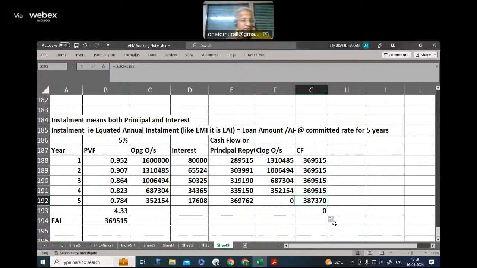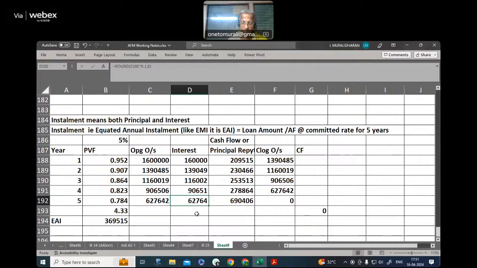So let me just check up once again. Now I have understood. The interest is not computed at the rate of 5%. It is to be done at 10%. So here it is going to be this minus this.